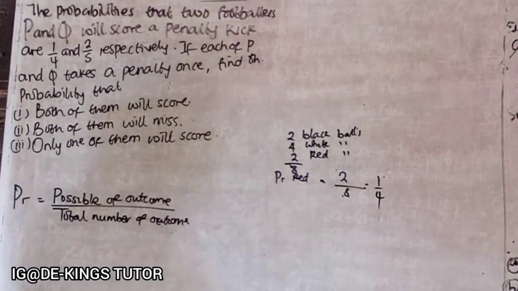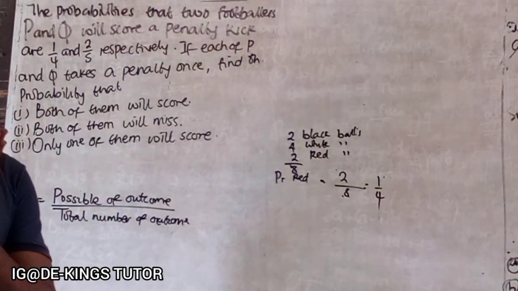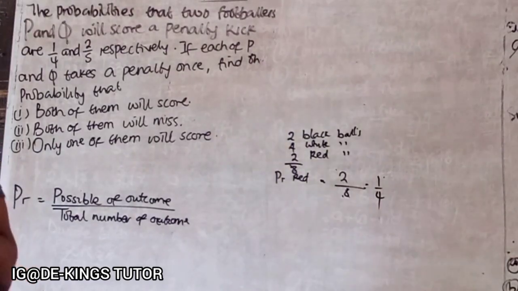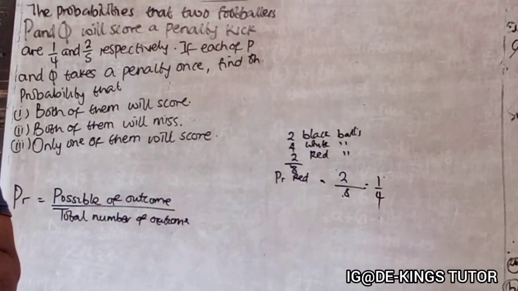So that is probability. Now, when it comes to probability, the highest outcome of probability is equal to 1. That is when an item is certain. When probability is certain, it's equal to 1. Any answer you're solving in which you have more than 1 is not possible.